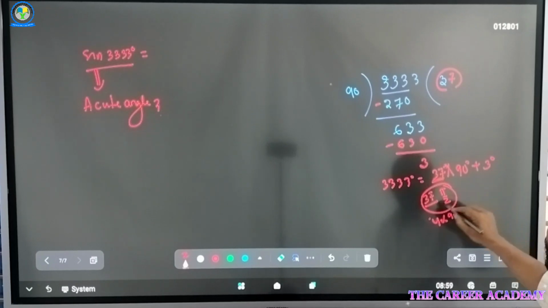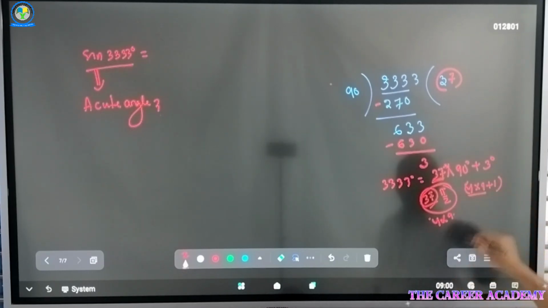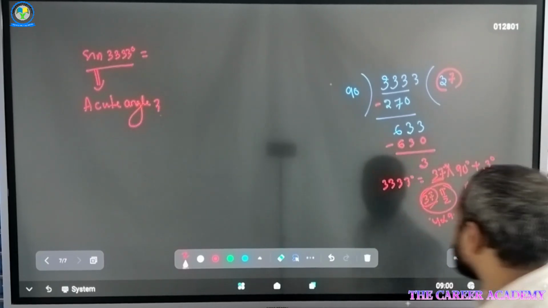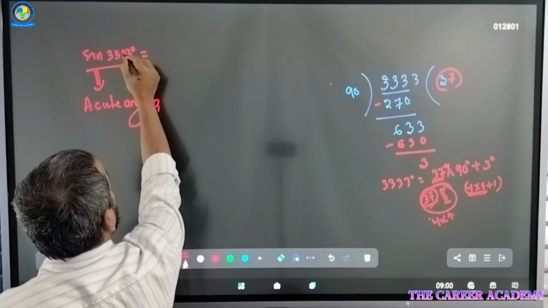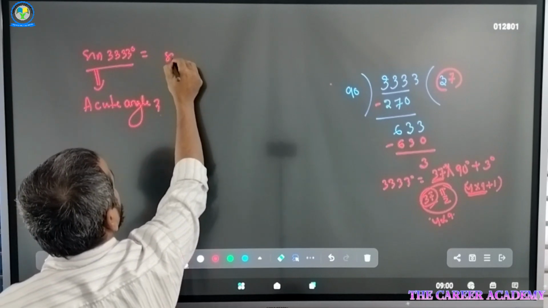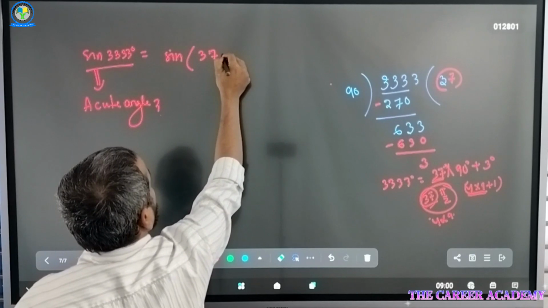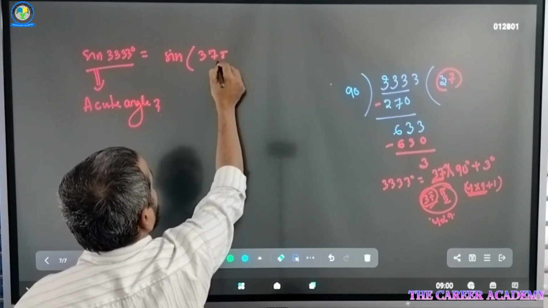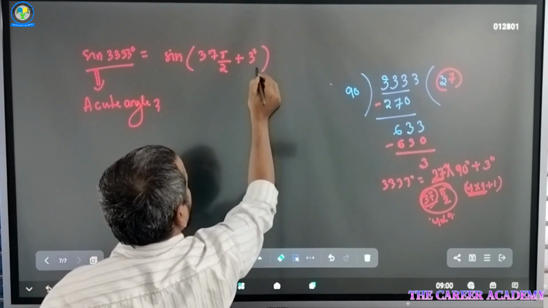That means we can write 37 as 4 into 9 plus 1. Understood now? 4n plus 1. So sin 3333 degree is written as sin of 37 pi by 2 plus 3 degree.